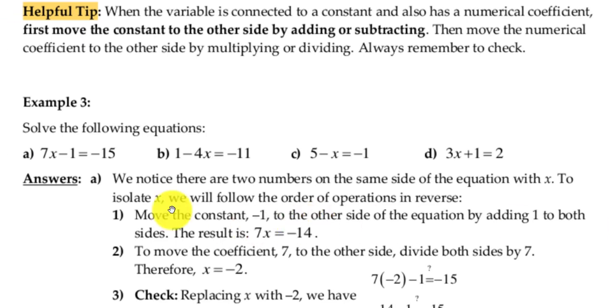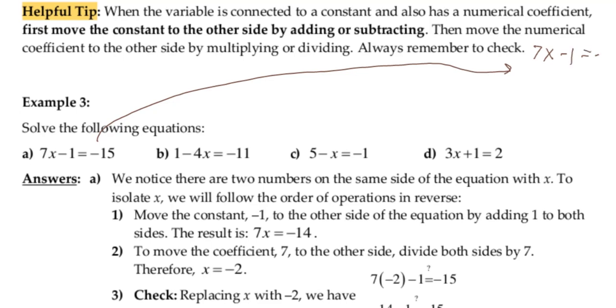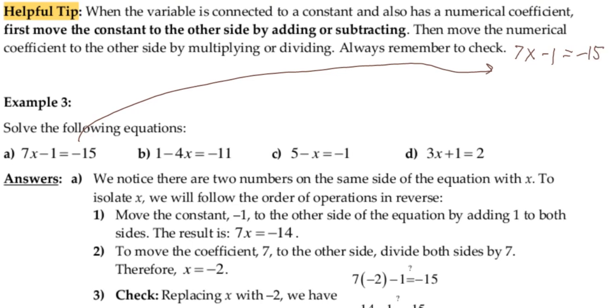On the next page, they have an example of some problems that will require two steps. So I want to rewrite some of these problems. Let's look at letter A, okay? So I'm going to rewrite letter A over here. Right? So I have 7x minus 1 equals -15.